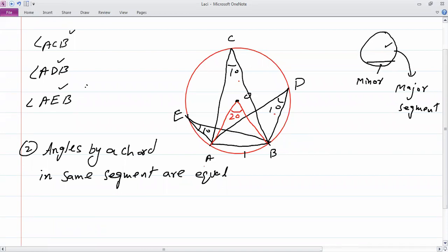Please let me know. So I will move to rule number 3. These two rules are the most used rules. There are 7 to 8 rules, but in almost every question, you will use at least one of them.